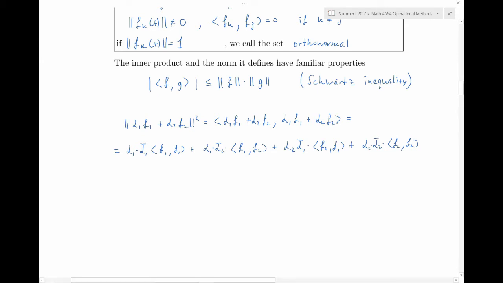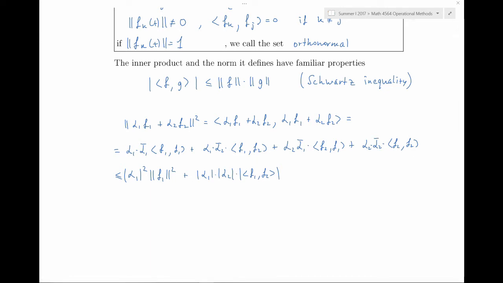We can bound the terms by saying that alpha 1 times alpha 1 bar is just absolute value of alpha 1 squared, and f1 with f1 in inner product is just f1 with its norm squared. Alpha 1 times alpha 2 bar can be viewed as an absolute value of alpha 1 times absolute value of alpha 2 times absolute value of the inner product of f1 with f2.